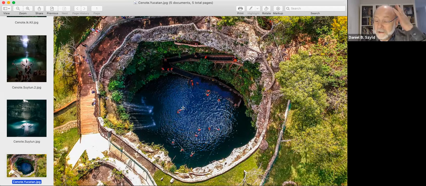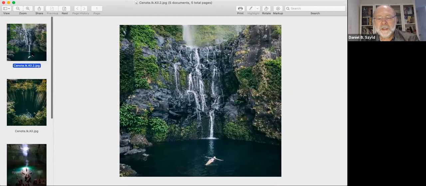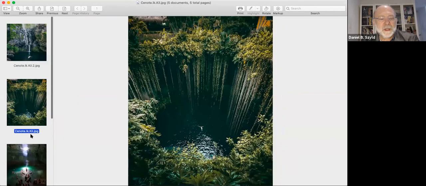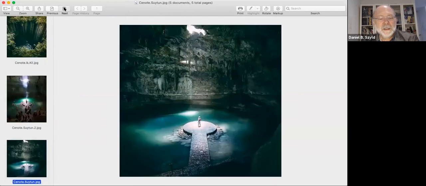And the Mayans had them as sacred. Okay, so this is what you see today. And here is a kind of reconstruction of a Mayan event. So this is what they look like.